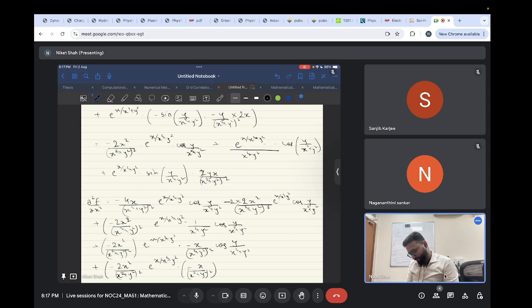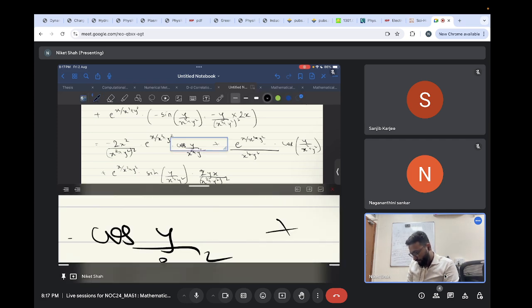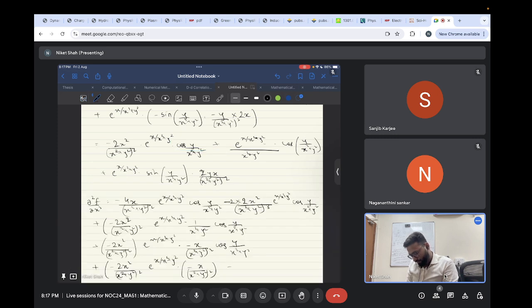whole square into, because this is an x derivative, so I can simply have minus sine y divided by x square plus y square.